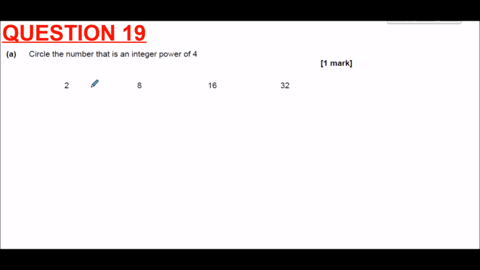Question 19, we have to circle the number that has an integer power of 4. So what on earth does an integer mean? Well, the word integer just means whole number that can be negative. So it doesn't have to be positive, it can also be negative.